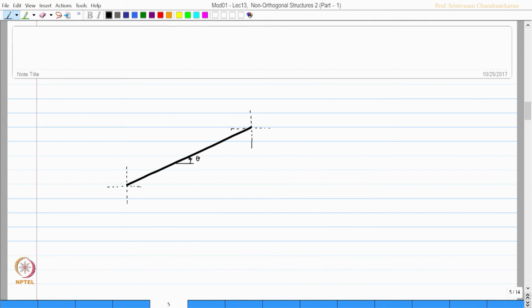Let us now mark the degrees of freedom. We know it is theta p, equivalent end moment is m p of the ith member, okay.